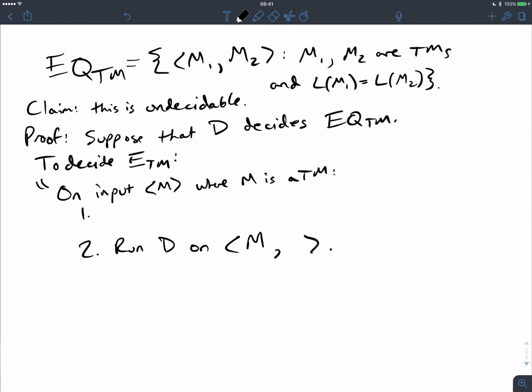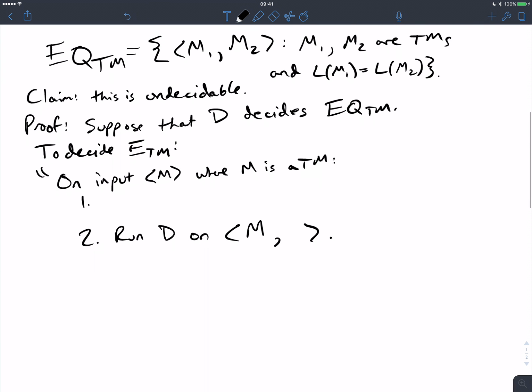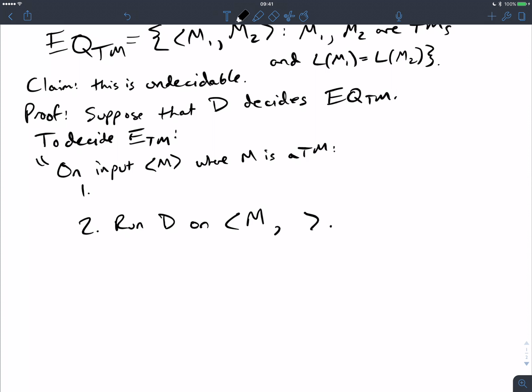If M has empty language, what do you think D should say on whatever two inputs I give it? Well, it should say either accept or reject. Well, if we want it to say accept, that means that M has the same language as the other one. Conversely, if M does not have empty language, what should the other one have? Non-empty language. Okay? So what we want here is to have the second machine accept nothing.